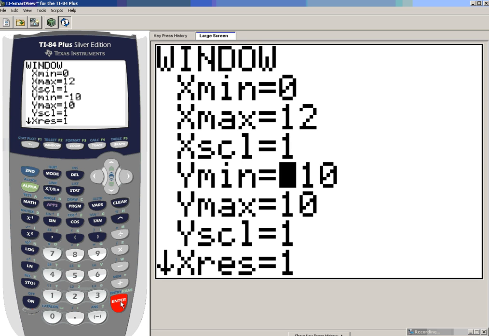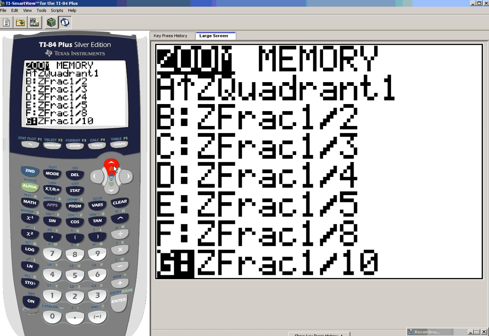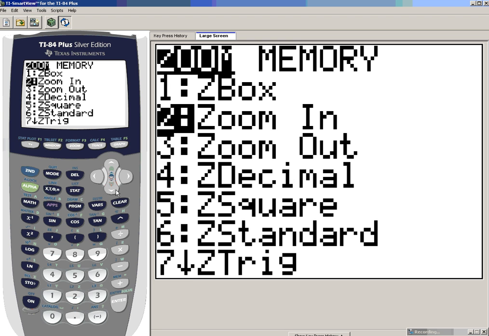Our y value is the number of miles traveled. Okay, so how many miles are going to be traveled? And the units are, actually, let's just go zoom fit here and see what the calculator gives us first, and then we'll go back to our window.